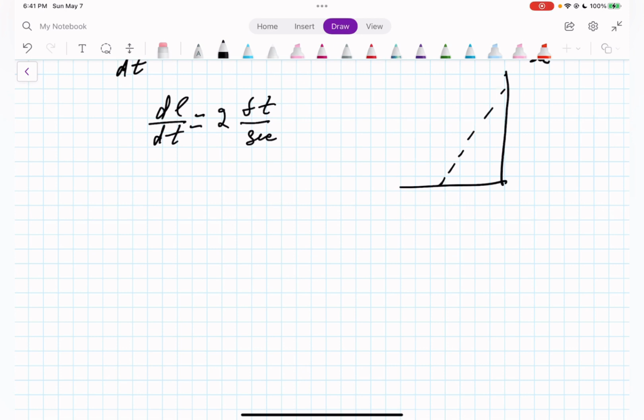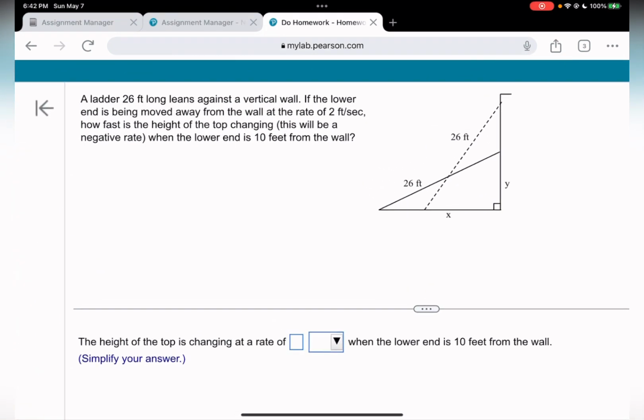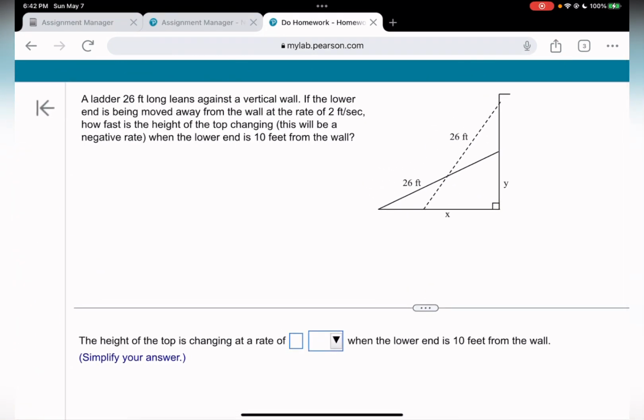So here we have 26, and as you are moving down, getting here, 26 feet. So we need to find practically negative rate when the lower end moves 10 feet away from the wall. Let me read one more time. How fast is the height of the top changing? This will be a negative rate when the lower end is 10 feet away from wall.